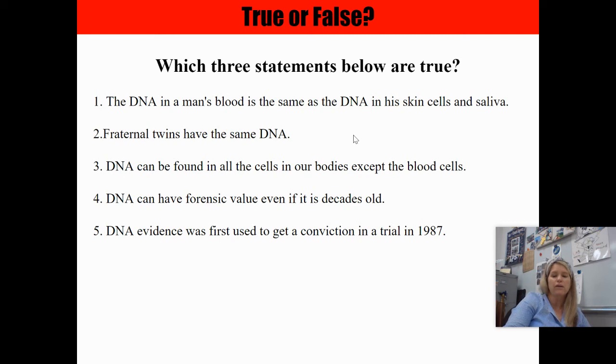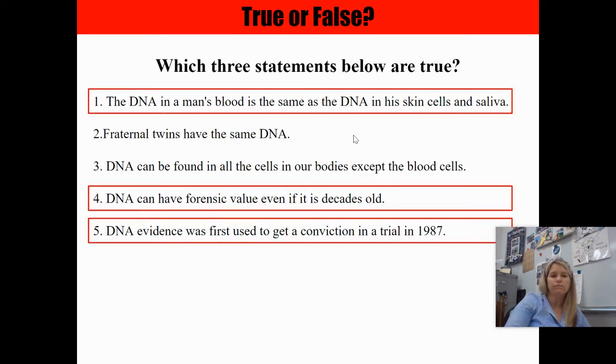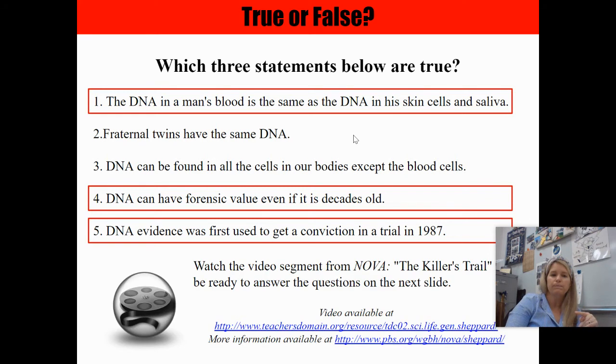Okay, so I'm going to highlight the 3 that are true. Remember, to have the same DNA, it'd have to be identical twins. And again, that's only really the same at the beginning of their life, and it changes throughout. And you know, third one.